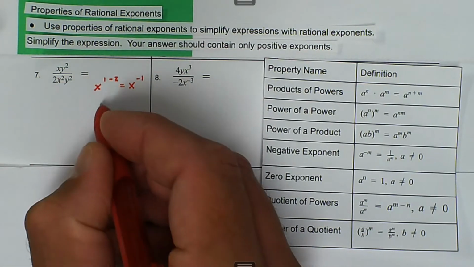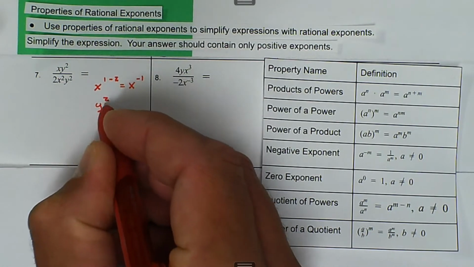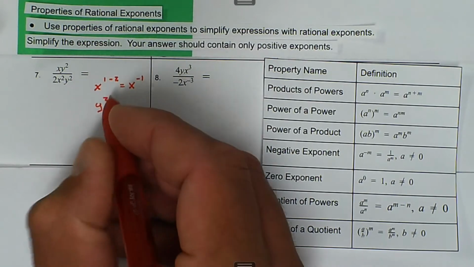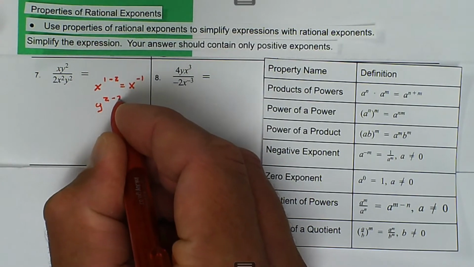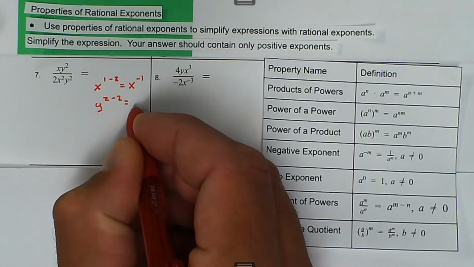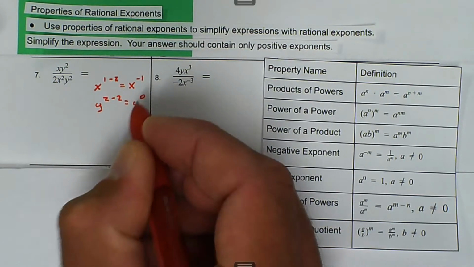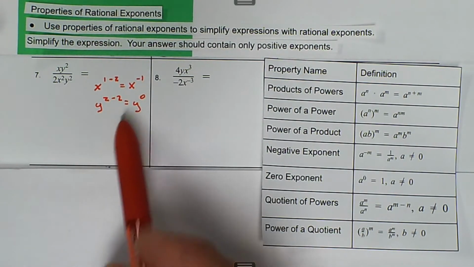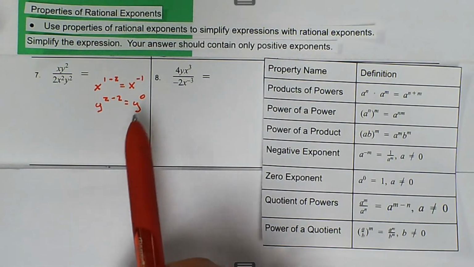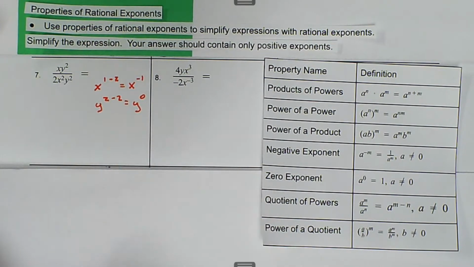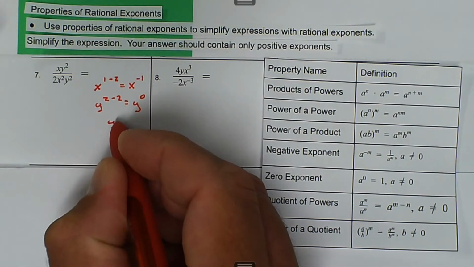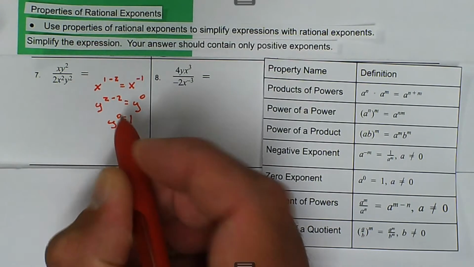We also have a y squared in the numerator and a y squared in the denominator, so I'm going to subtract 2, and then we get y to the 0. That's the 0 exponent, y to the 0, so that's equal to 1, so we don't have to write that in there. We'll write that down. Y to the 0 is equal to 1.